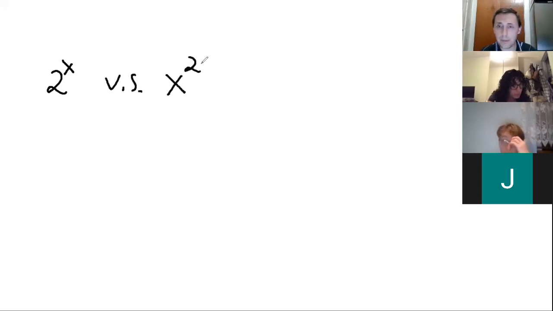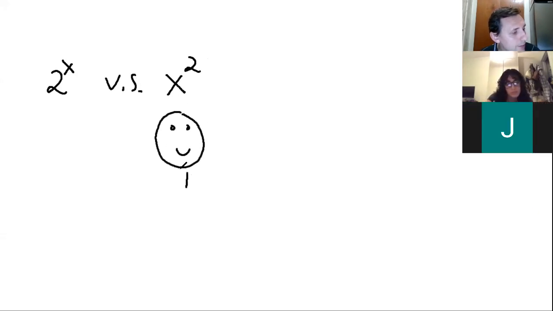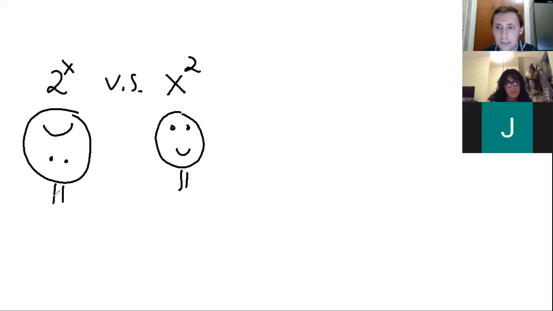Remember we mentioned that. The difference is as glaring as, if this guy is your nice, happy fellow, then this guy is this thing. It's completely reversed. Here, the base is changing and the power is fixed. Here, the base is fixed and the power is changing. To confuse those functions is terrible.